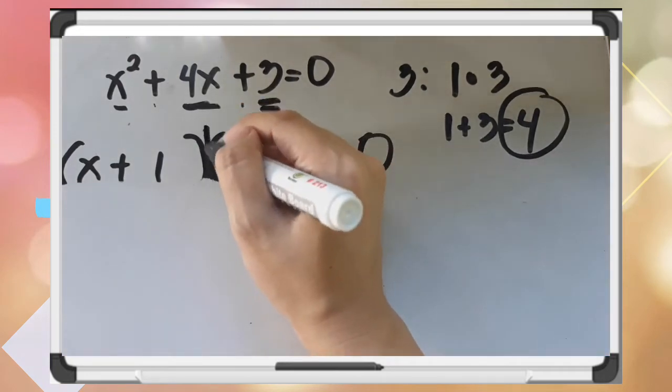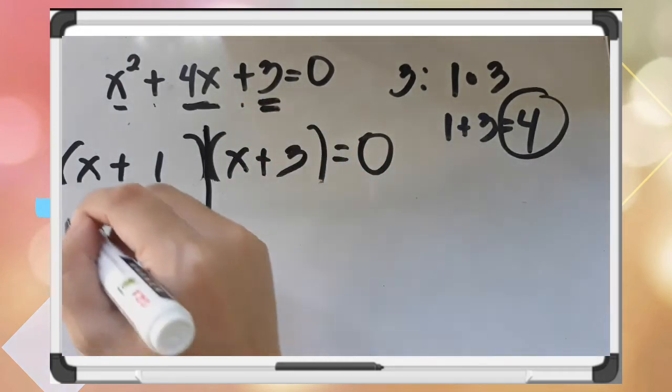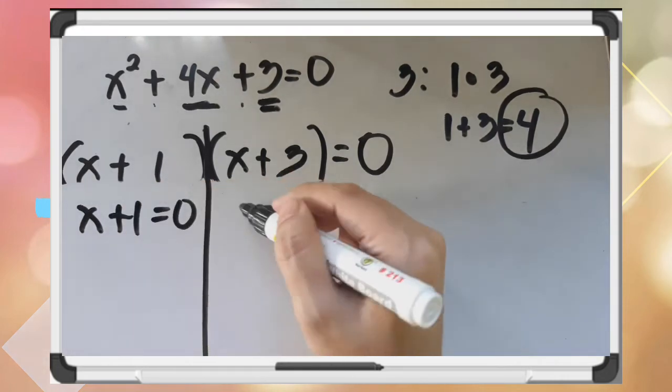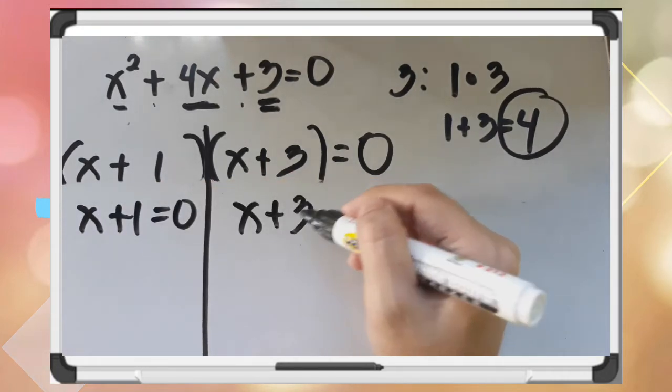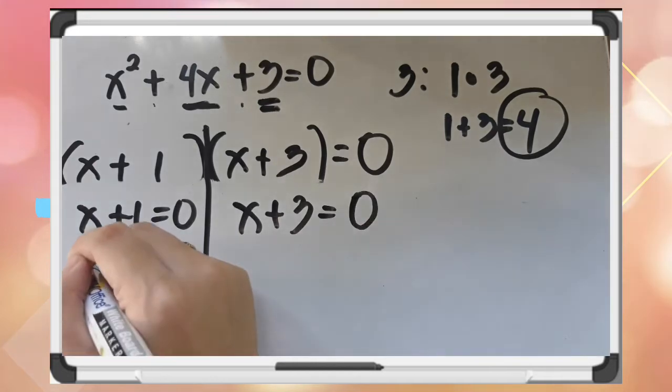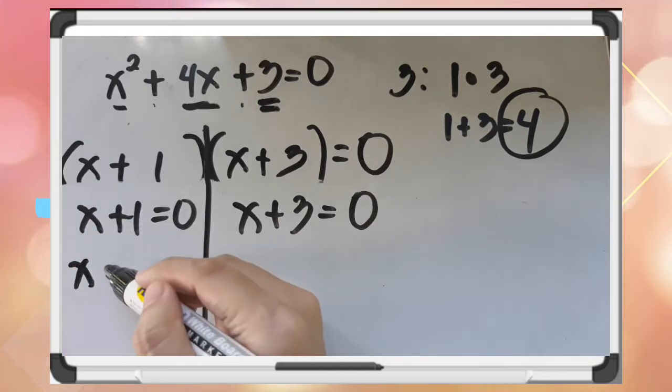Then we will equate both factors to 0. So x plus 1 is equal to 0 and x plus 3 is equal to 0. Simplify it by applying the properties of equality.